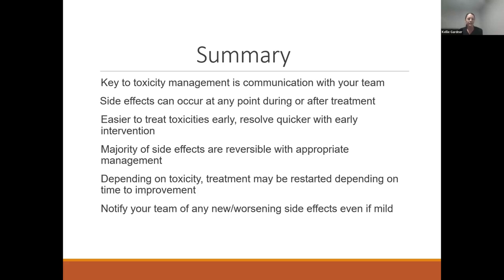Depending on the toxicity, treatment may be restarted depending on time to improvement and how well you responded to the corticosteroids. So again, notifying your team of any new or worsening side effects, even if mild, is going to be key. And I think that's all I have.